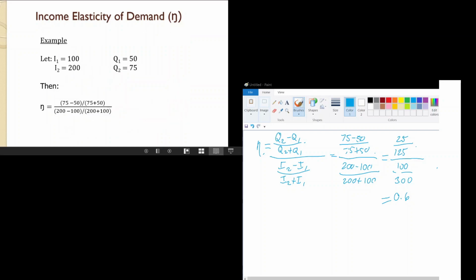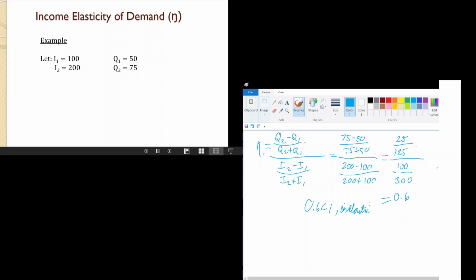Okay, so let's go back to our example. So yun yung interpretation natin. Okay, so we have here 0.6. Okay, so 0.6 is less than 1. Therefore, it is inelastic.